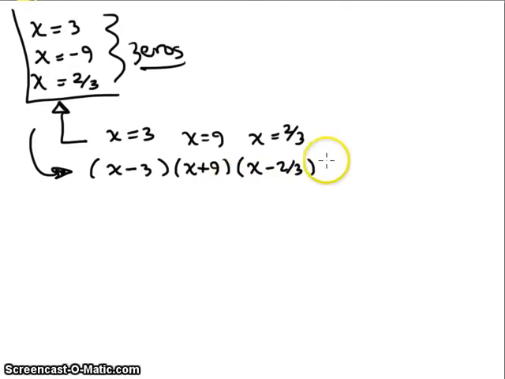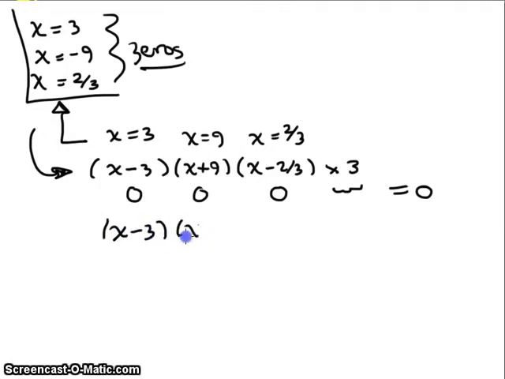Now I could put a number like 3 out here and not change the zeros, because I know this could be 0, this could be 0, this could be 0. Well, this is never 0, but as long as one of these is, this is still equal to 0. So it may be that you would see this polynomial with a slight change to it. Okay, so compare these two here.